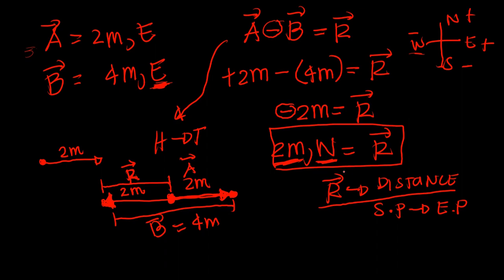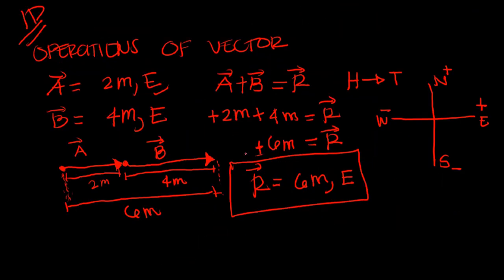Okay? So, again, remember this because this is very important. Starting point, the end point. Balikan natin yan para makita nyo. For example, ito. Again, starting point to end point. Yung end point mo dito. So, that is 6 meters. That's why nakuha mo dito 6 meters in a direction east.